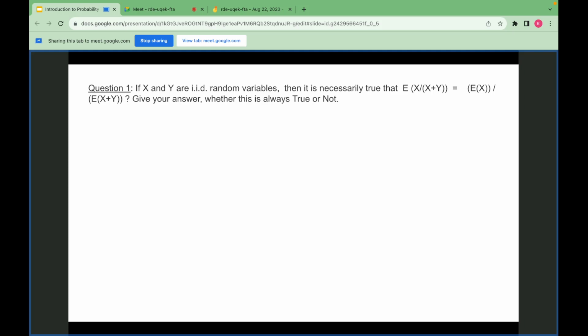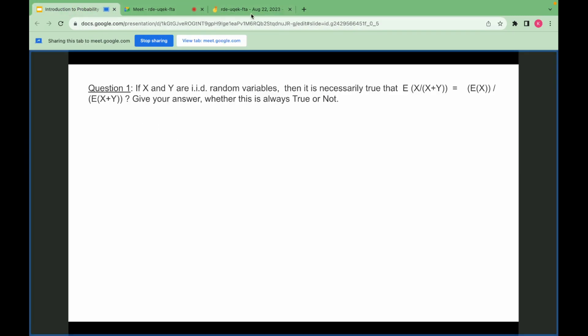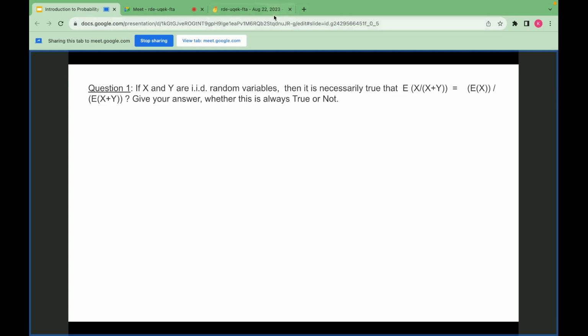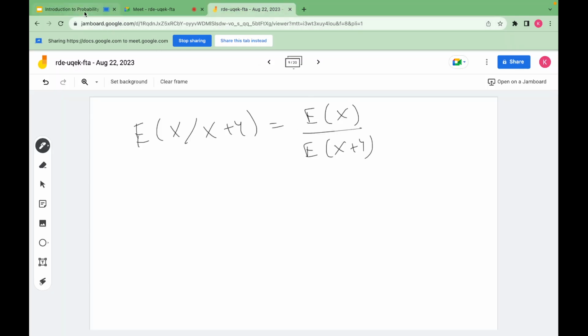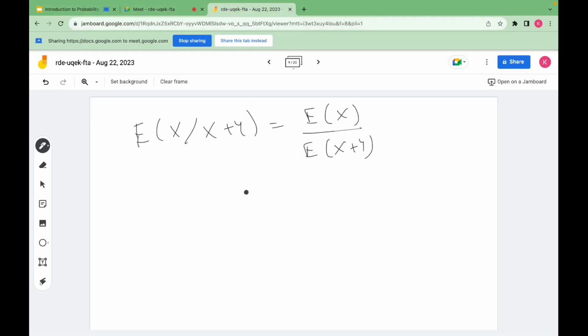So is this true or is this false? What is your guess? What do you people think? Any guesses? Is it true or is it false? Just think about it, because X and Y are independent.